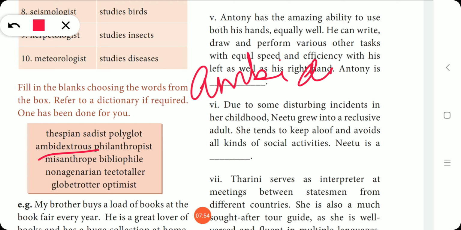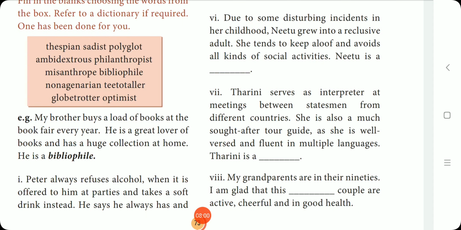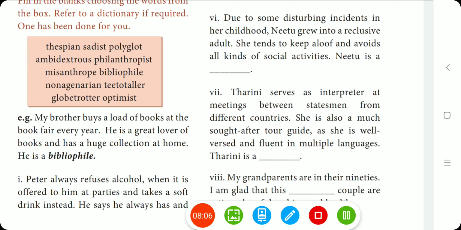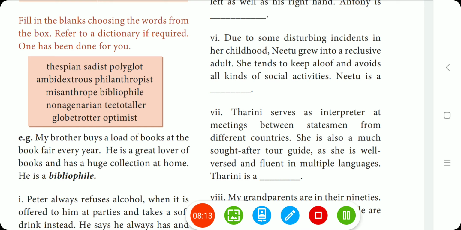Due to some disturbing incidents in her childhood, Neetu grew into a reclusive adult. She tends to keep aloof and avoids all kinds of social activities. Neetu is a dash. So what is the meaning here?